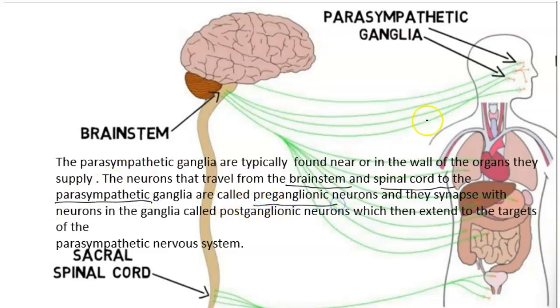This is the parasympathetic ganglia, and they synapse with neurons in the ganglia called postganglionic neurons, which extend to the targets of the parasympathetic nervous system.